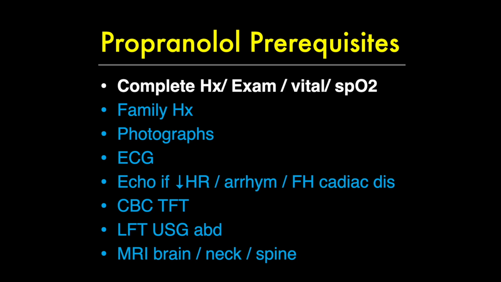Do an ECG, and a 2D echo only if the heart rate is decreased, there is any arrhythmia, or there is family history of cardiac disease. Then we do a complete blood count, thyroid function test, as Inderal is a beta blocker and decreases the heart rate, liver function test, ultrasound abdomen, and MRI brain, neck, and spine, depending on any other hemangioma present in the patient.